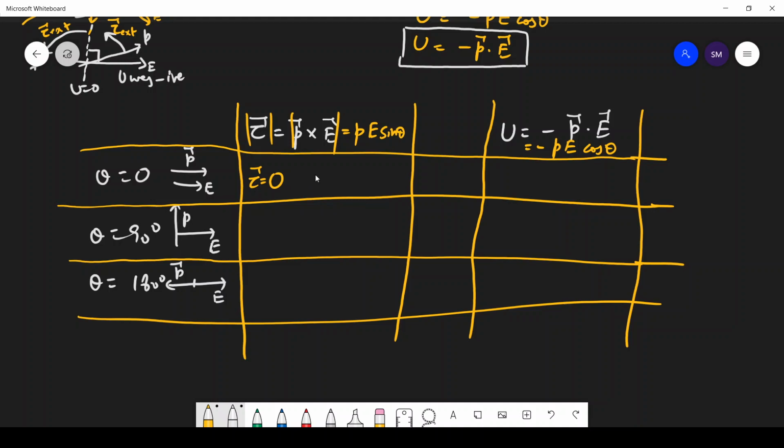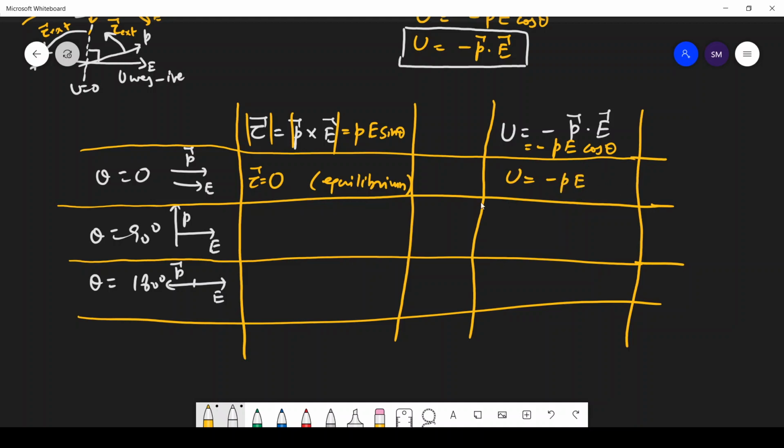So when there is no force, I call it equilibrium. No force means equilibrium. Now this is theta equal to 0, so U will be equal to minus PE.